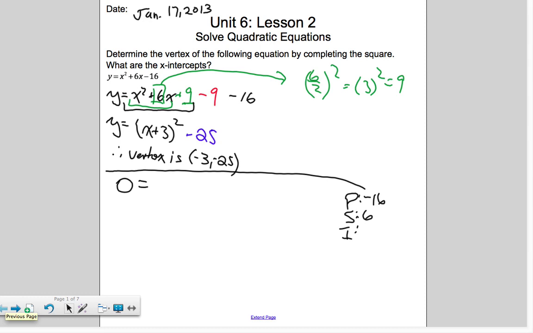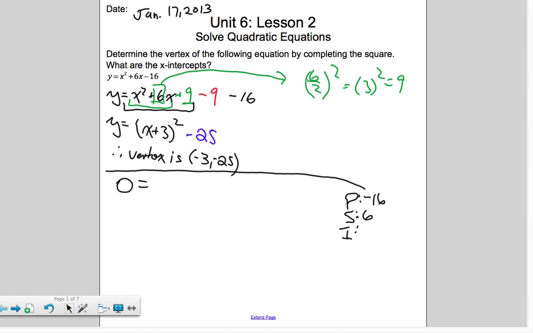We're going back to the original equation, our standard form, ax squared plus bx plus c, which is factoring. It's like all of unit 5. That's what we spent this time factoring. So what are two numbers that multiply to negative 16 but add up to 6?